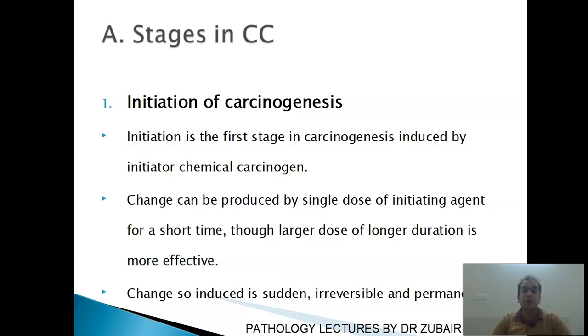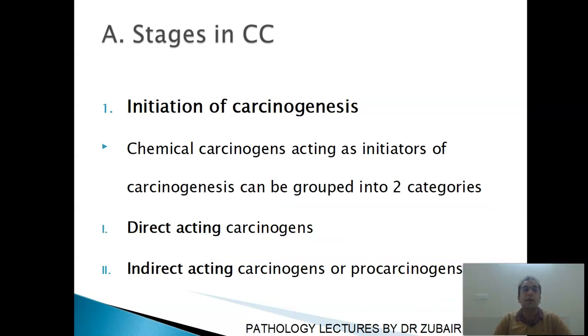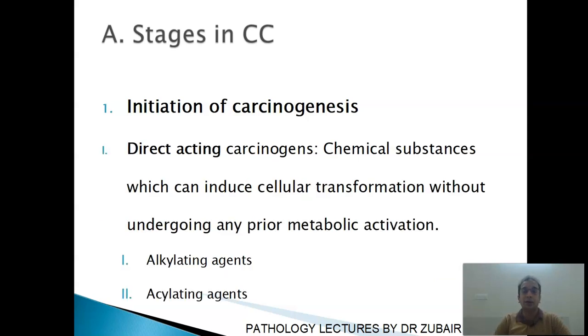So initiation is the first stage in carcinogenesis induced by an initiator chemical carcinogen. The changes can be produced by a single dose of initiating agent for a short time. Though a larger dose of long duration is more effective, the changes are sudden, irreversible and permanent. The chemical carcinogens acting as initiators can be divided into two categories: direct acting carcinogens and indirect acting carcinogens or procarcinogens. Which are the direct acting carcinogens?